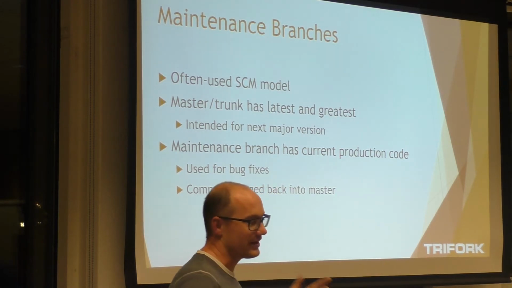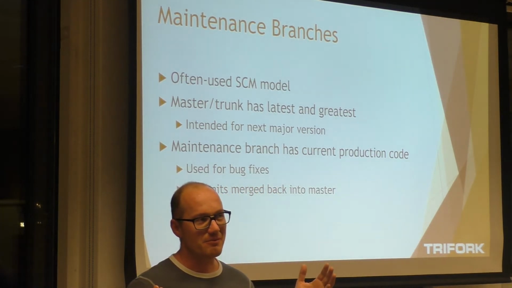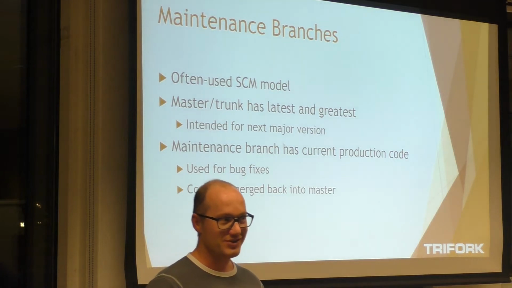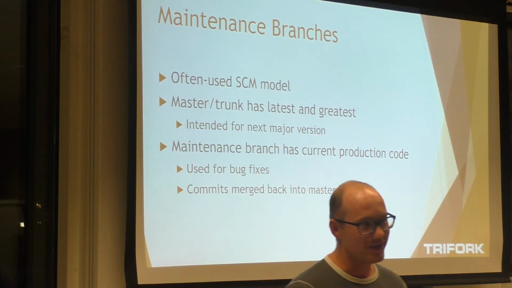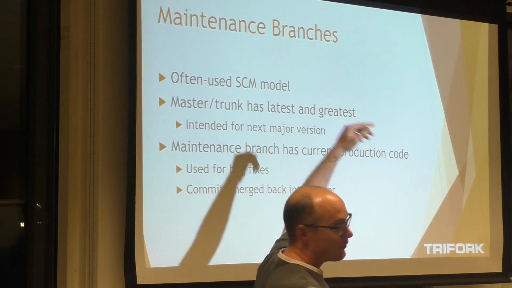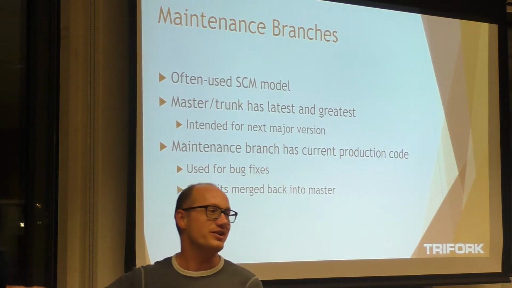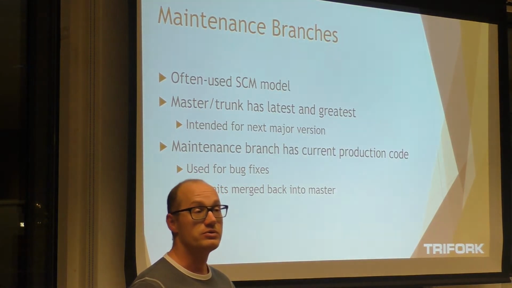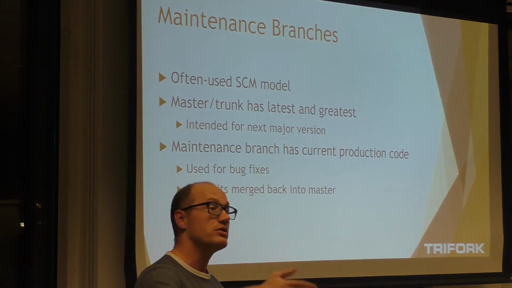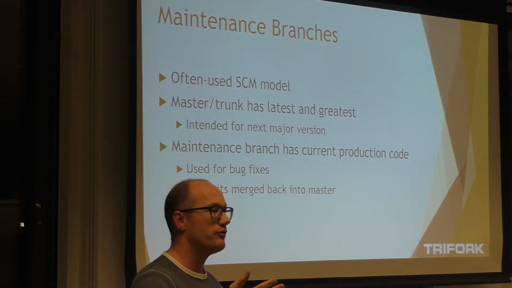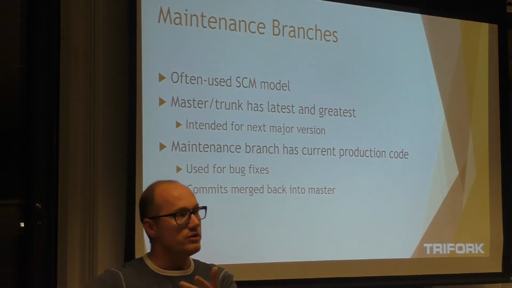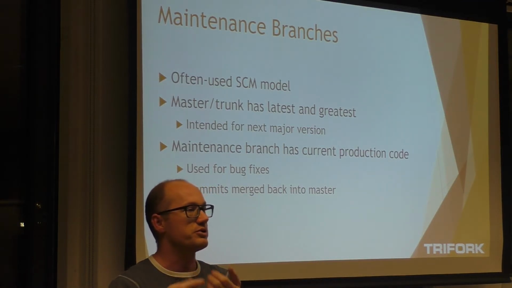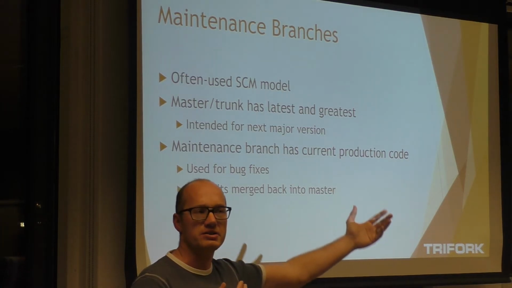When you're talking about continuous delivery, and this is a continuous delivery meetup, you may argue that maintenance branches should be a thing of the past, but in practice, there are tons of projects who still do scheduled releases every so often, and in between those there might be bug fix maintenance releases, while in the meantime you're working on the next big release.